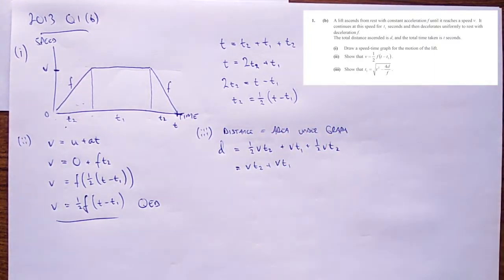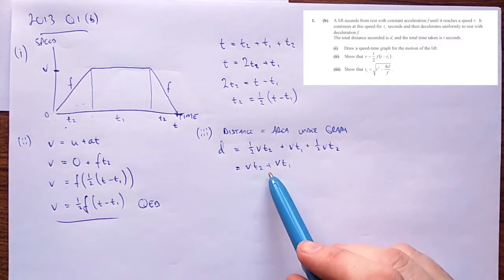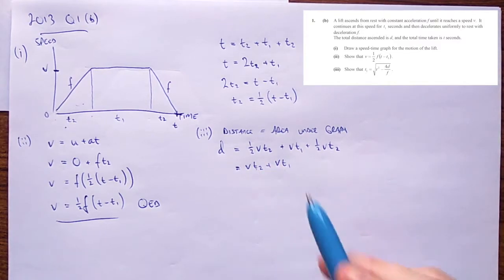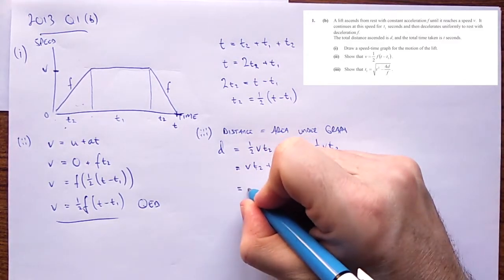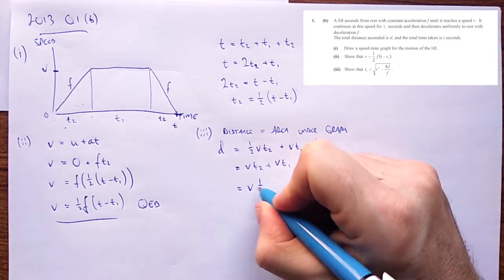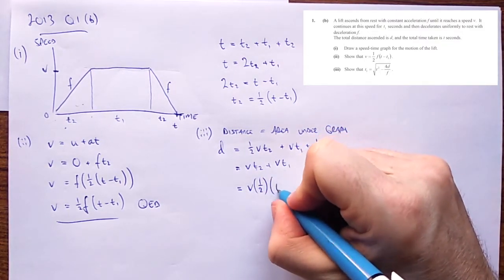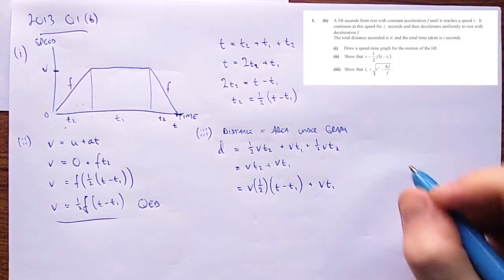That should of course be t1. Watch the little things. Now, again, let's see where we go and see what we don't have. We don't have t2, so let's get rid of that. All right, and that equals v, we have our t2 up here, a half t minus t1, plus v t1.